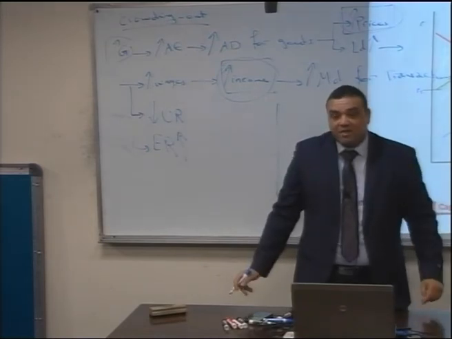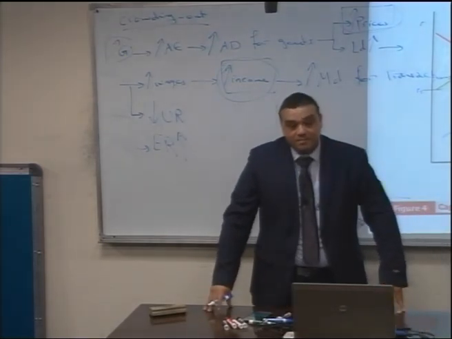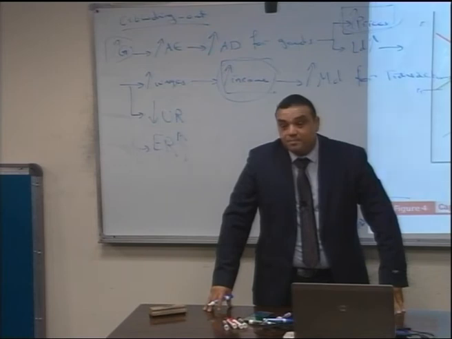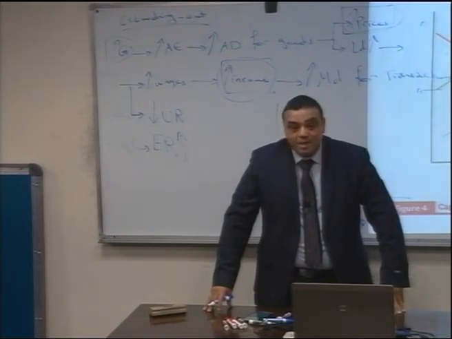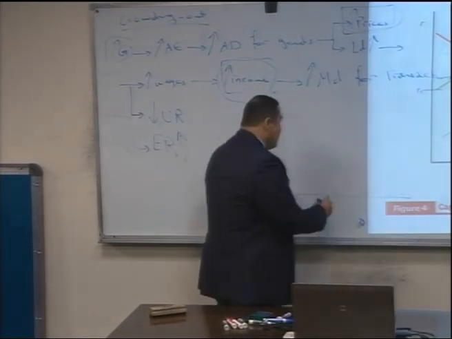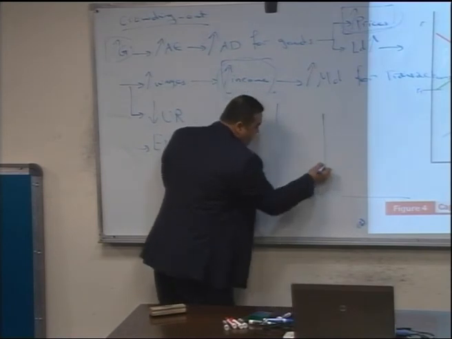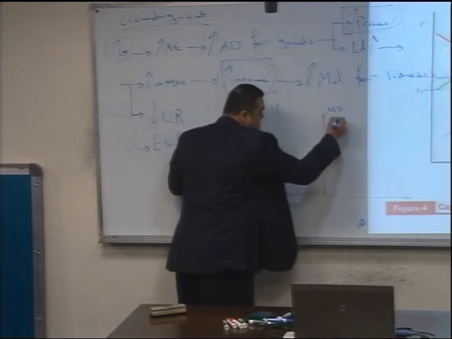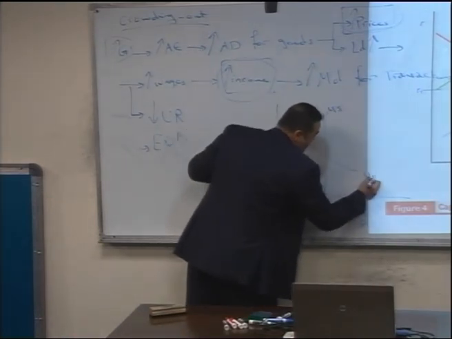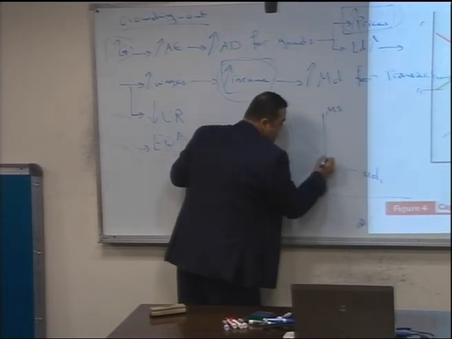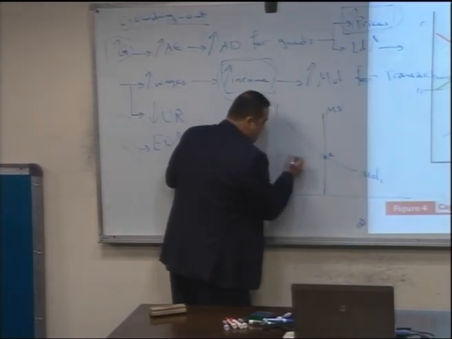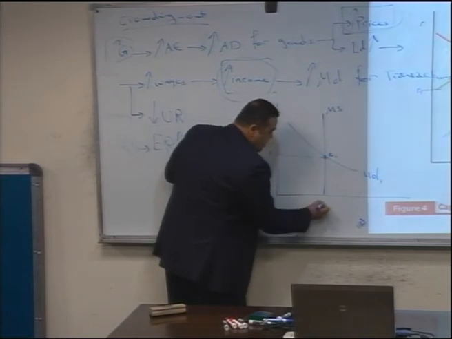What happens to the interest rates? It goes up. Here in the money market, this is the money supply, money demand 1. This is the original equilibrium point. Interest rate, quantity of money demanded.